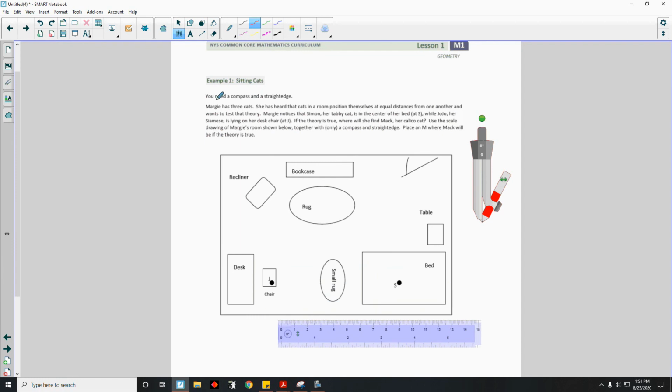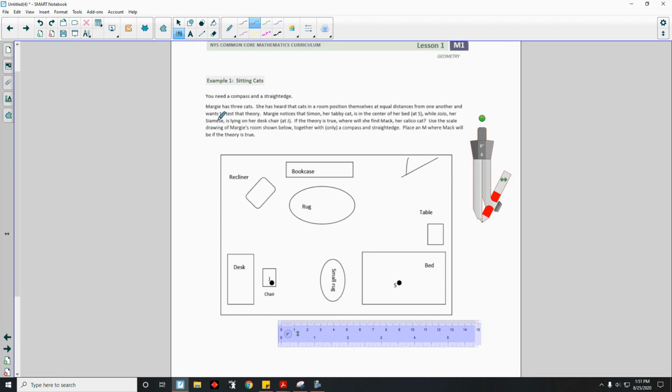Okay. Margie has 3 cats. She has heard that cats in a room position themselves at equal distances from one another and wants to test that theory. Margie notices that Simon, her tabby cat, is in the center of her bed at S. So here is the tabby cat at point S on her bed.